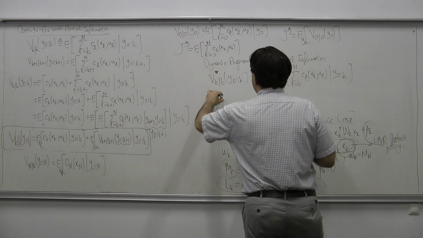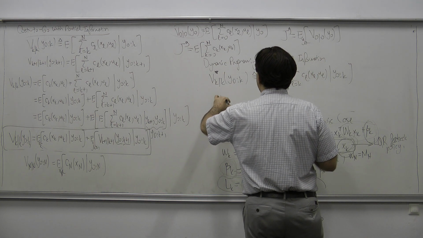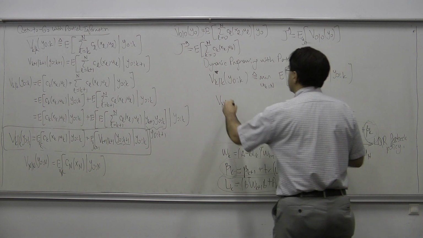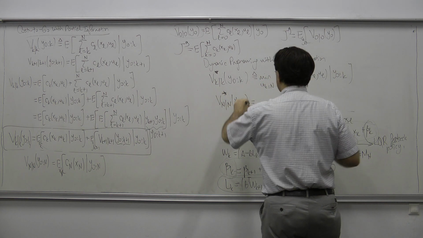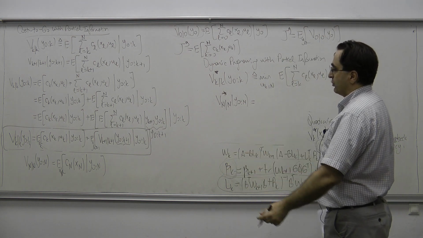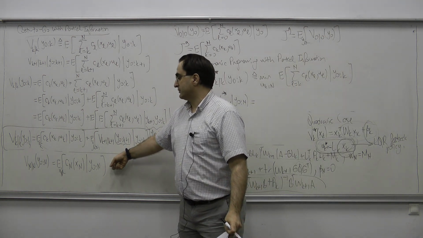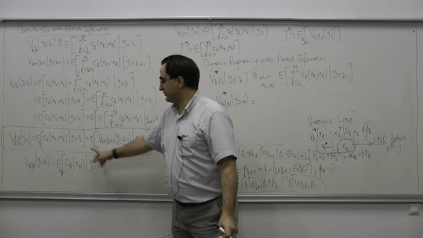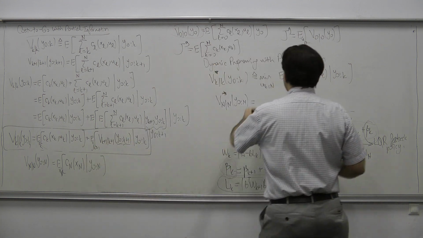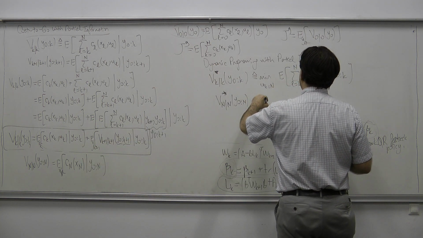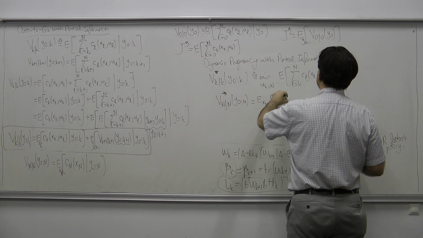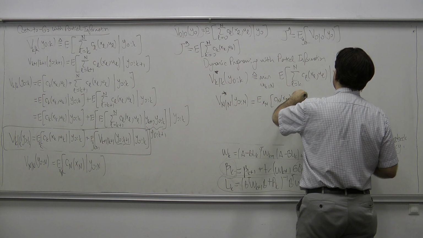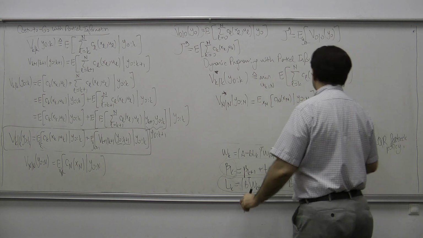The first thing that I would do is to calculate Vn given n star of y0n. In this last cost to go, there is nothing to optimize. There is no input here. So this is going to remain as it is: the expected value with respect to xn of Cn(xn) given y0n.